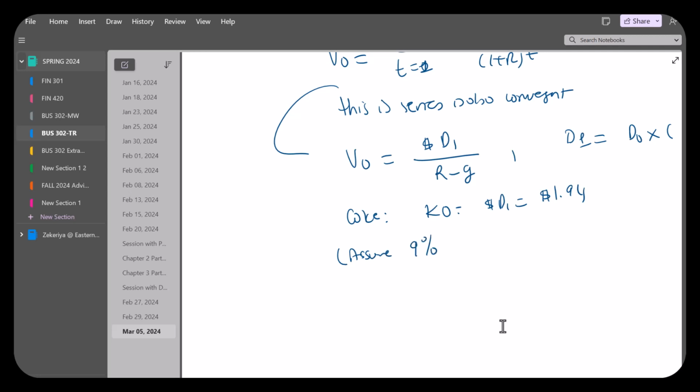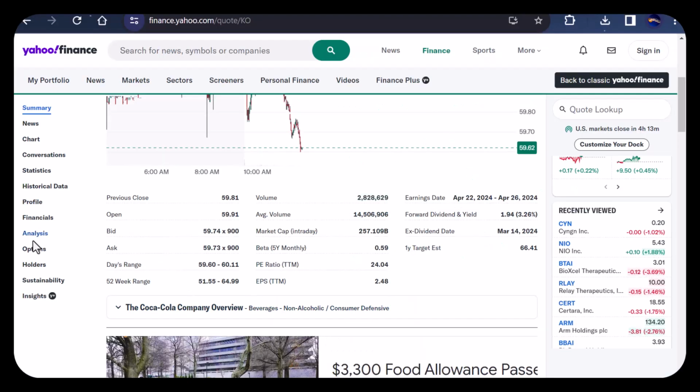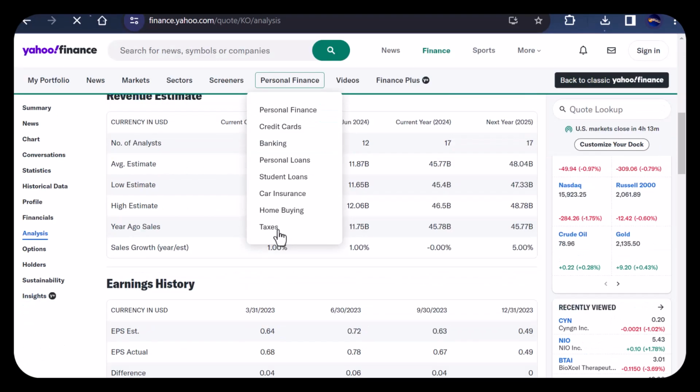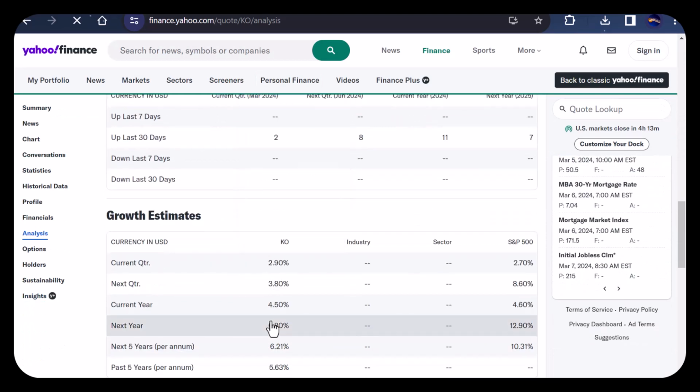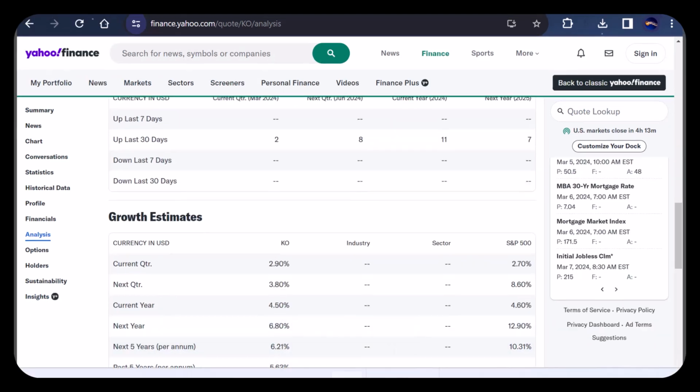And suppose the R is, let's find out the expected growth for Coke over the next 5 years at least. Analysis. 621. Okay.